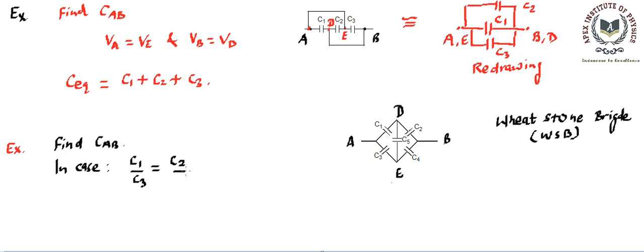So if these ratios of capacitors are equal, then we say this Wheatstone bridge is balanced.